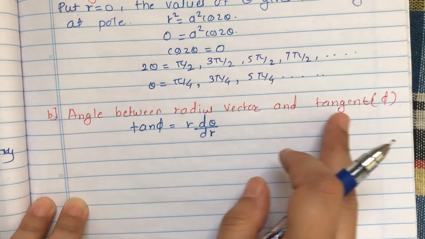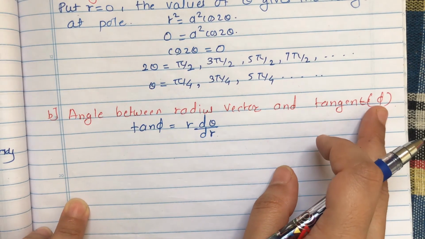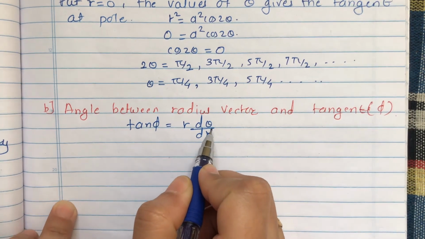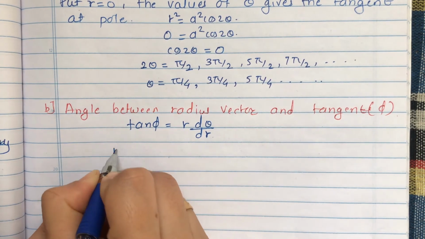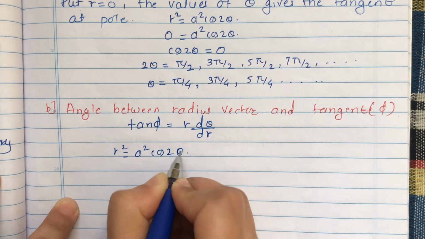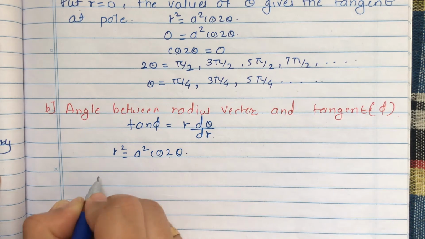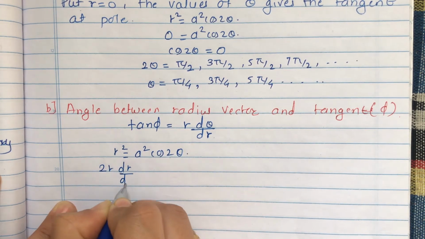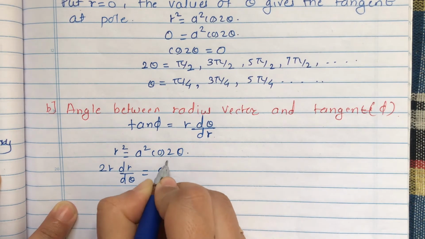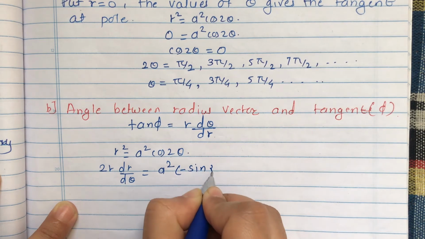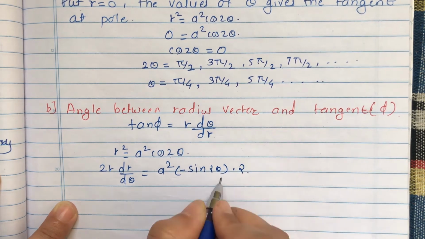Next, angle between radius vector and tangent, which is denoted by phi, and the formula is tan phi is equal to r d theta by dr. So r square is equal to a square cos 2 theta. Now differentiate with respect to theta. So we'll get 2r dr by d theta is equal to a square into derivative of cos 2 theta, which is minus sin 2 theta into 2.